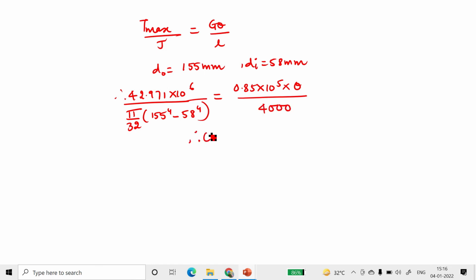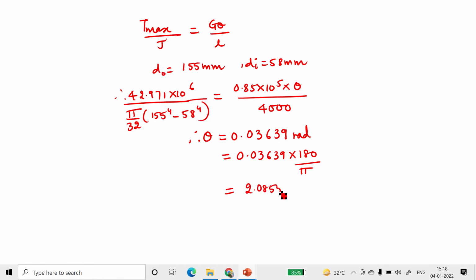When I solve this, I get the value of theta as 0.03639. This is in radians. I will convert this into degree by multiplying with 180 upon pi. I get this value as 2.0855 degree, which is more than the value which is given, that is 2 degree.